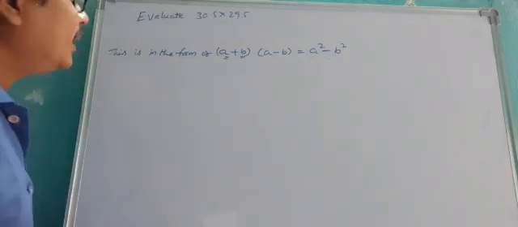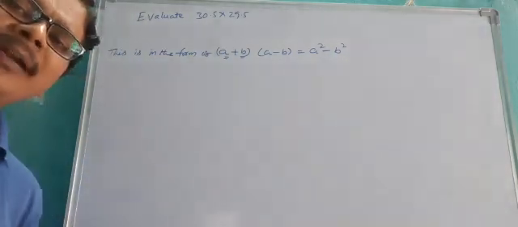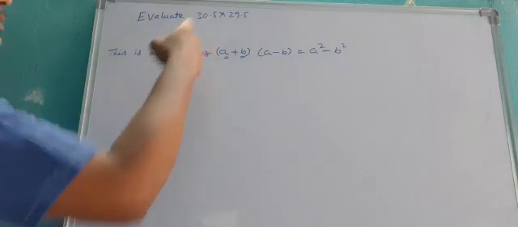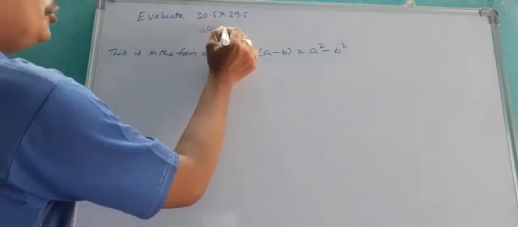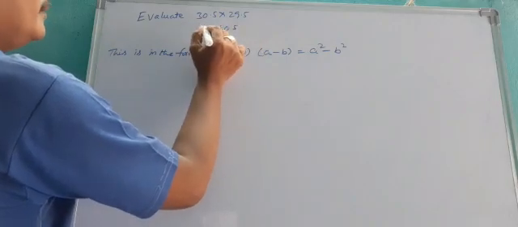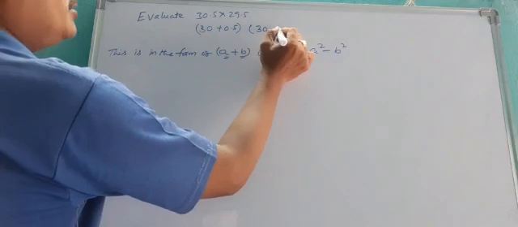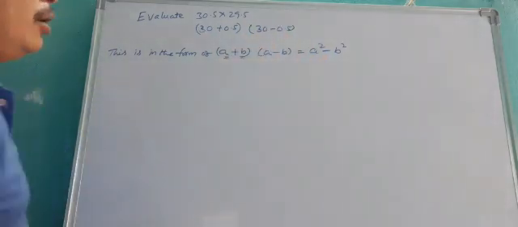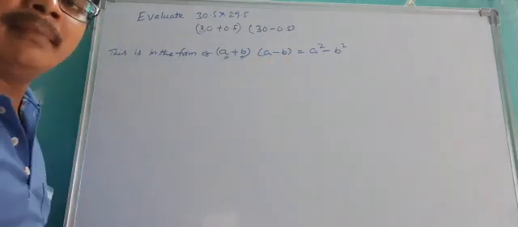Next one, evaluate 30.5 into 29.5. This can be written as 30 plus 0.5, and the second one can be expressed as 30 minus 0.5. Now they are in the form of a plus b into a minus b.